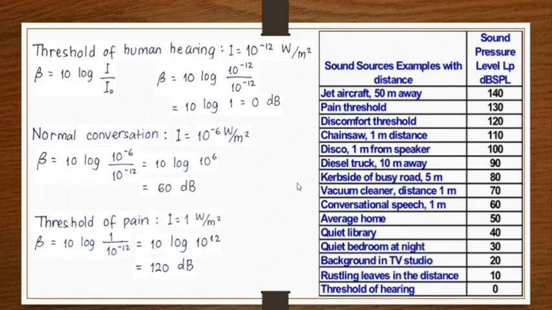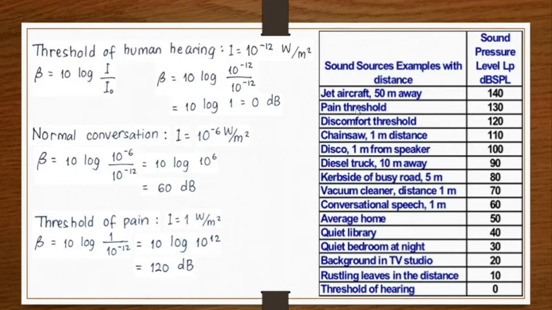In this table, you can see some sound sources example with distance. The one that I discussed, the threshold of human hearing, was this one, the threshold of hearing. It is 0 decibel. The conversational speech at 1 meter is about 60 decibels. And then if you have a disco 1 meter from the speaker, it will be 100 decibels.